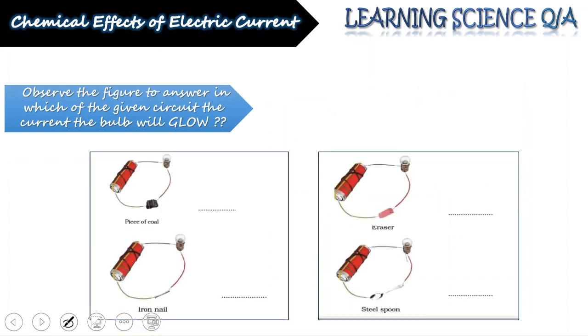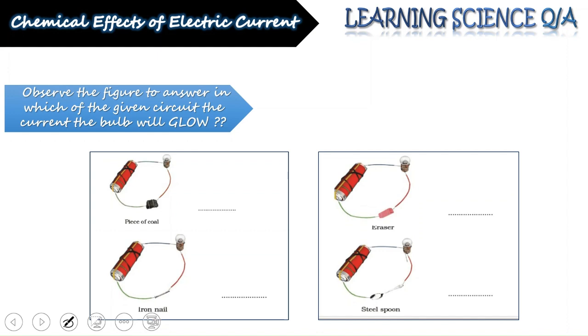Now lastly, we have four circuits given with different types of conducting materials. We need to answer in which of the following cases the bulb will glow, provided that the circuit is made correctly.